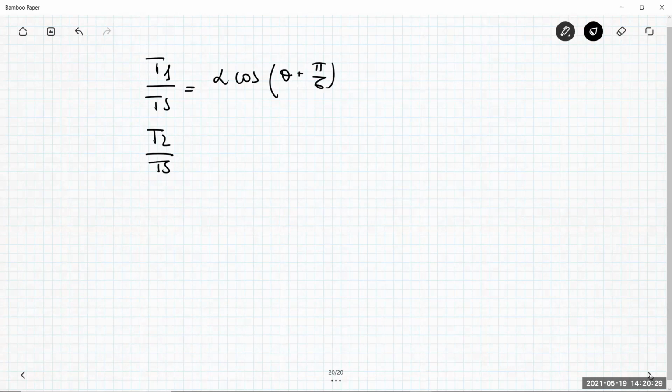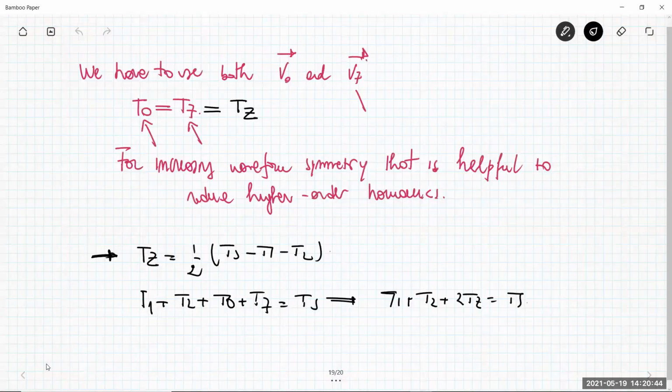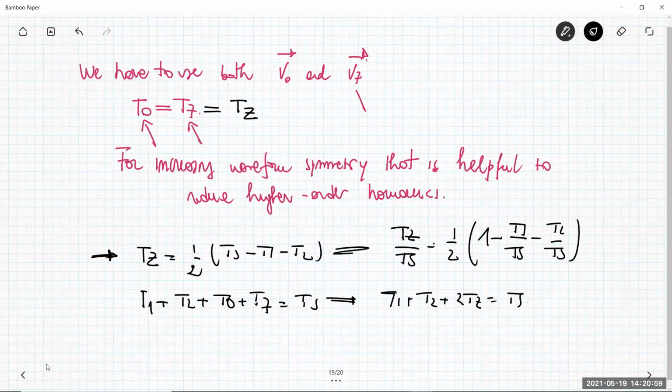T2 over Ts is alpha sine theta, and then you have T zeta over Ts, which is one half of 1 minus T1 over Ts minus T2 over Ts.